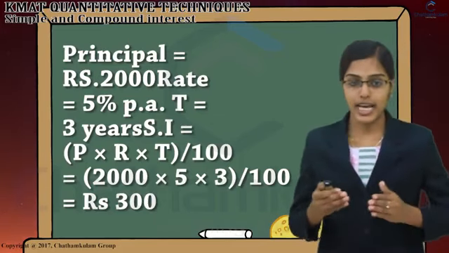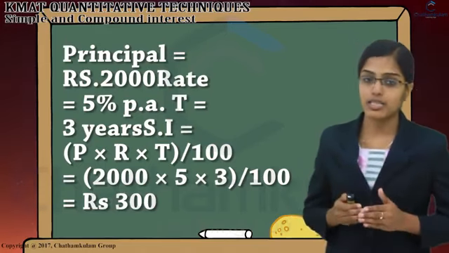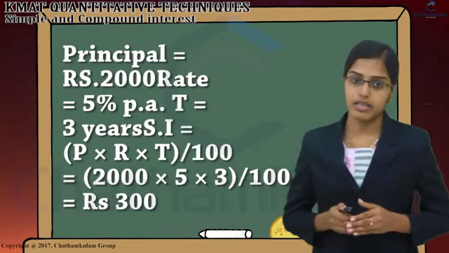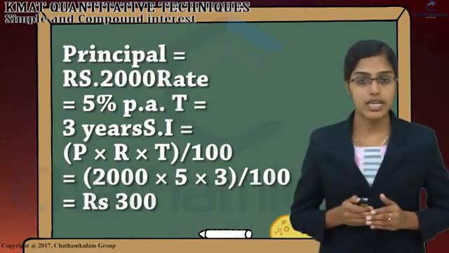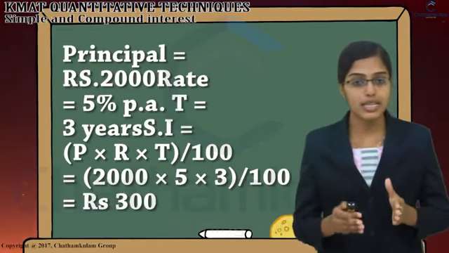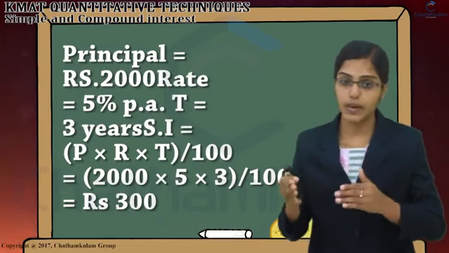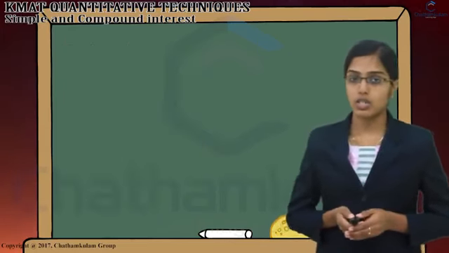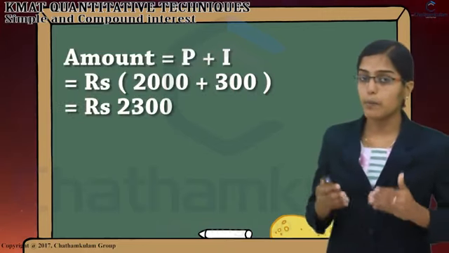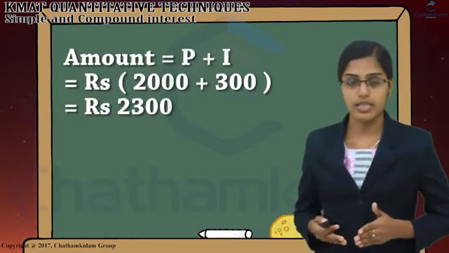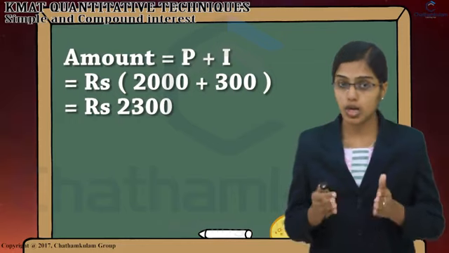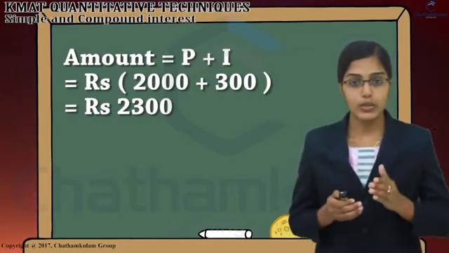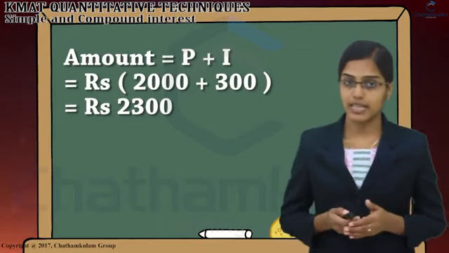So, SI, that is simple interest, is equal to P into R into T divided by 100. So, simple interest is equal to 2000 into 5 into 3 divided by 100, that is rupees 300. So, amount is equal to P plus I, that is equal to rupees 2000 plus 300, that is equal to rupees 2300.